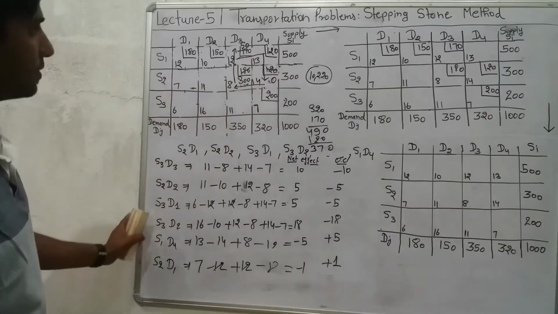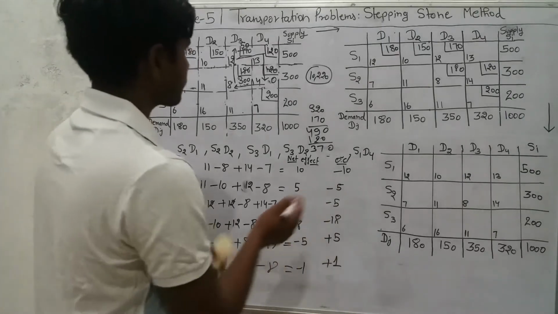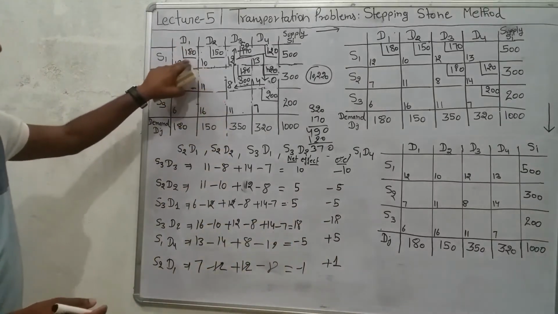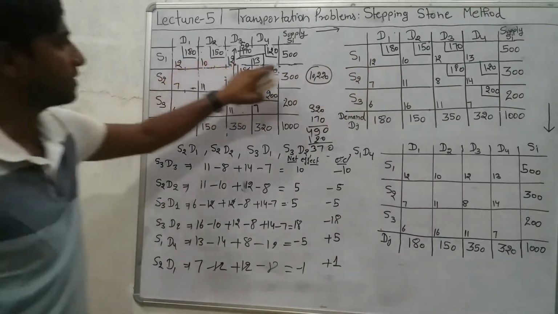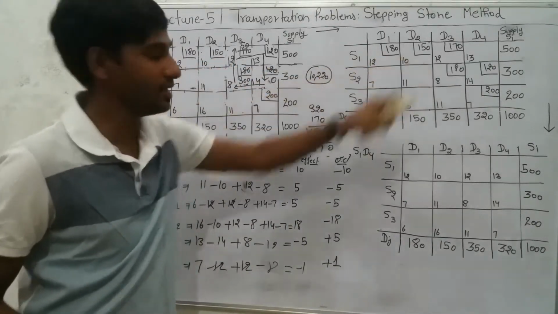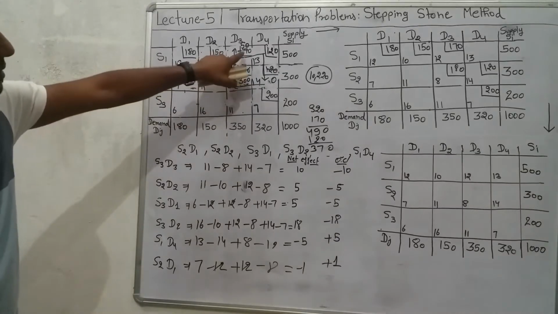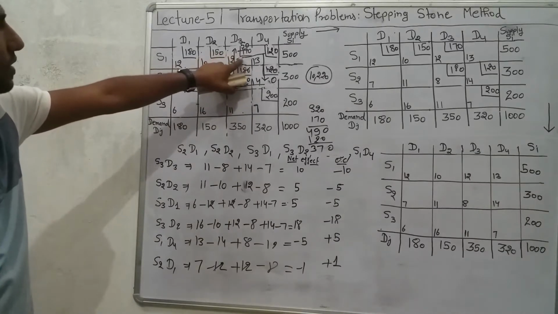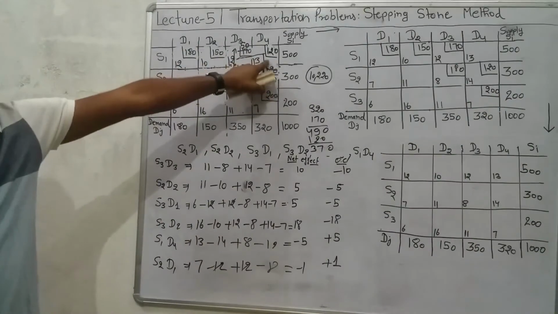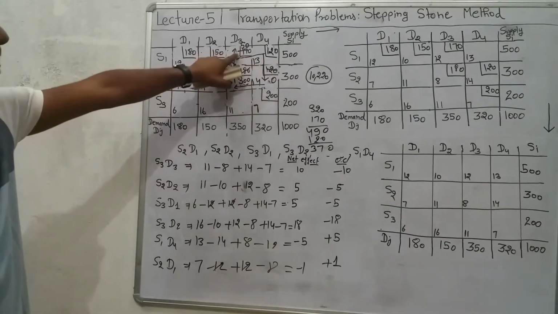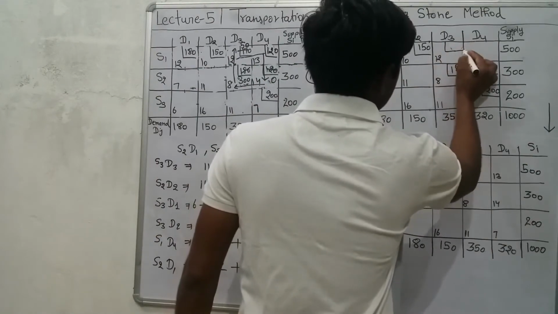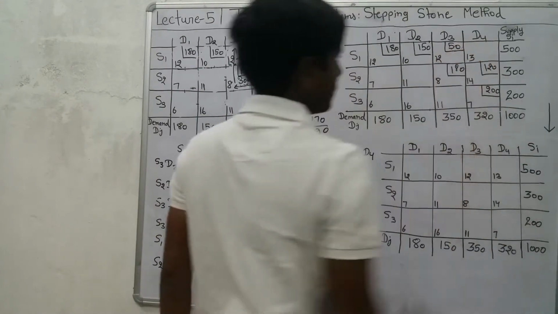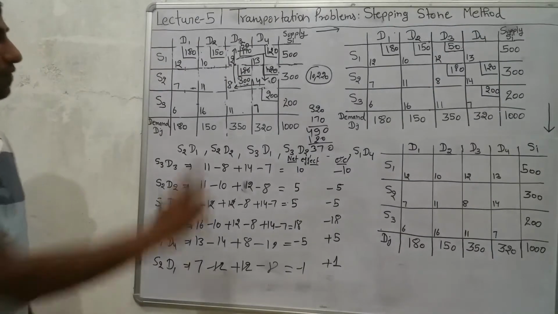So how does our new table look? 180 is unaffected, so we are going to put it as it is. 150 is unaffected, we are going to put it as it is. Out of 170 units, we have transferred how many? 120 units. So how many units are left here? 50 units. So instead of 170, there would be only 50 units.